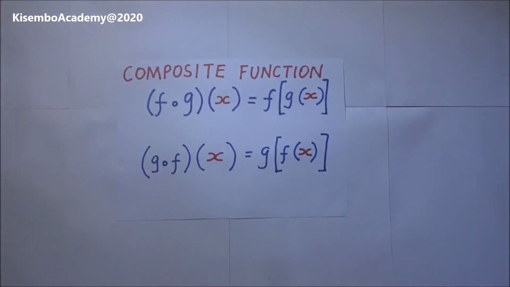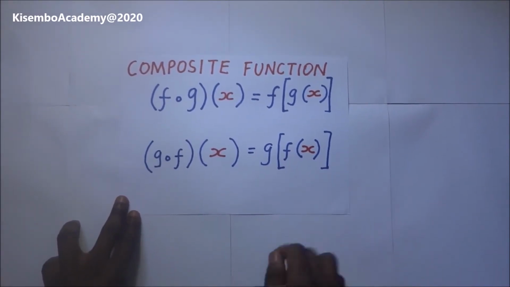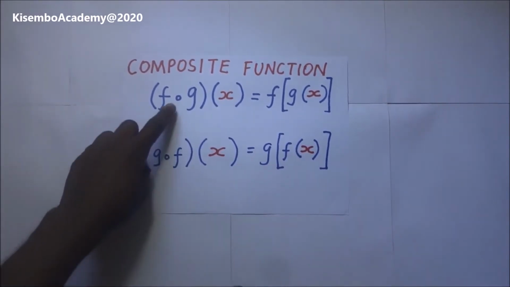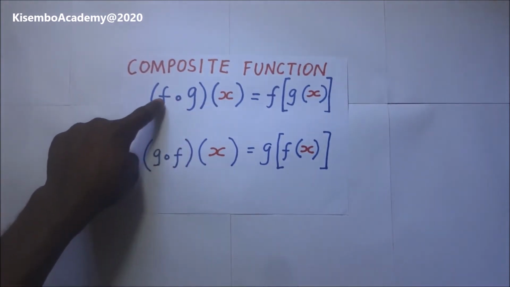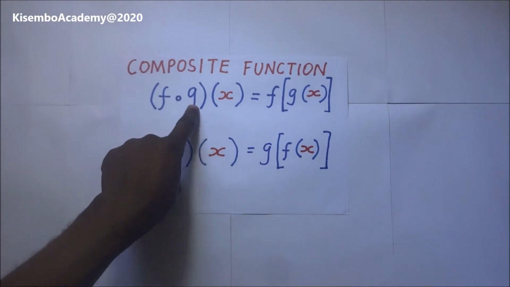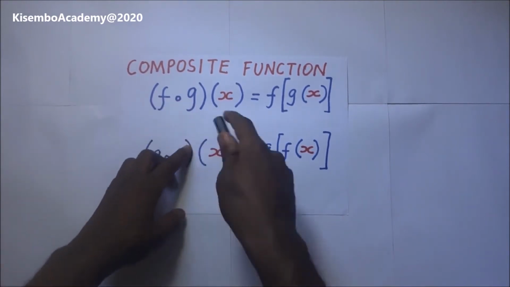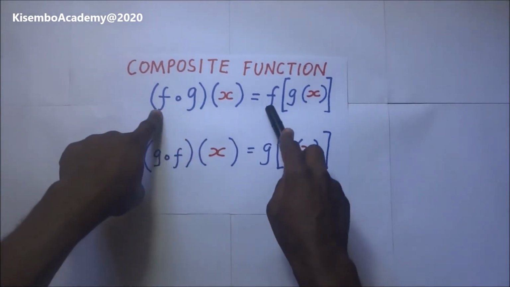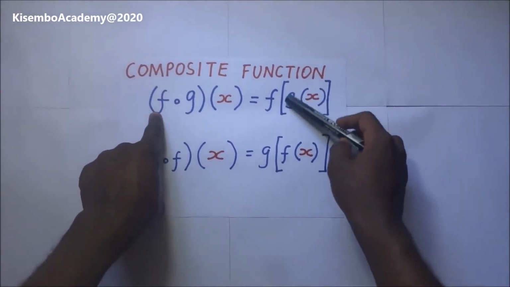Then we have what we call the composite function. A composite function is where you place a function in a function, and it is represented by a small round circle. The function f being a composite of function g, or f small round circle g of x, where x is the input, is the same as saying f where the input is another function.